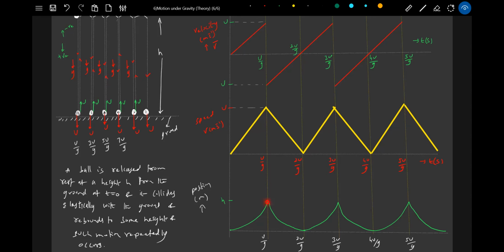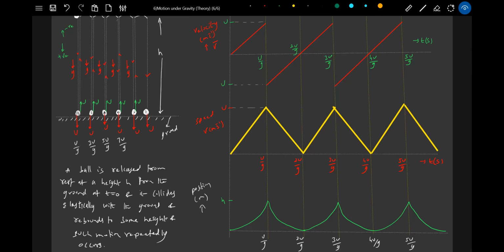Just after impact, the direction of motion changes, so the slope goes from positive to negative. Again retardation, the slope should decrease. Comes to instantaneous rest at the highest point. Again it will start freely falling. The freely falling motion is this one. The returning motion is these.